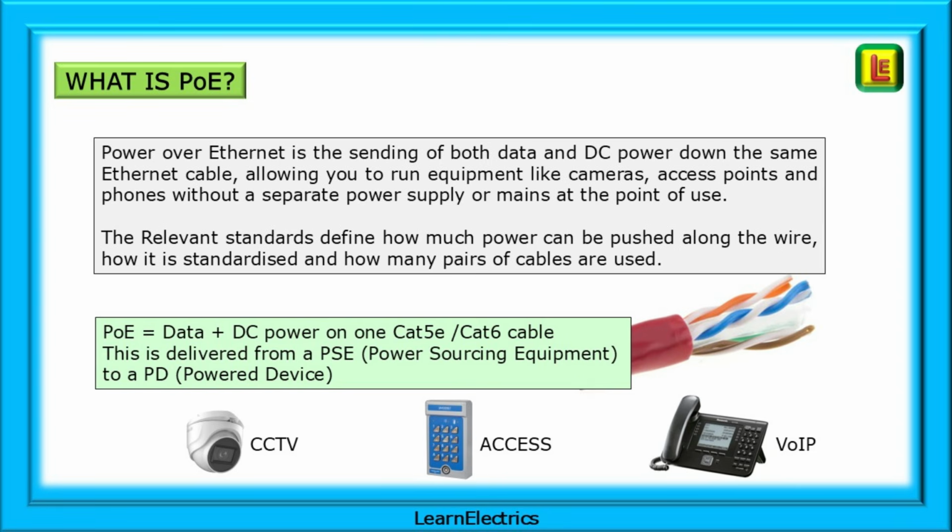So PoE is data plus DC power, all on one Cat5e or Cat6 cable. This power is delivered from a PSE or power sourcing equipment to a PD or powered device.